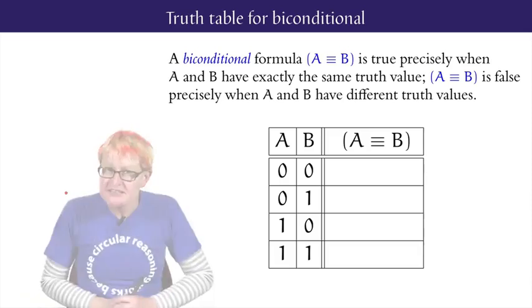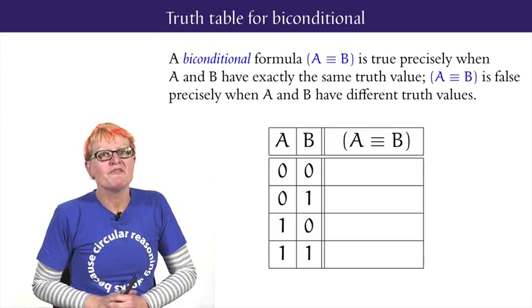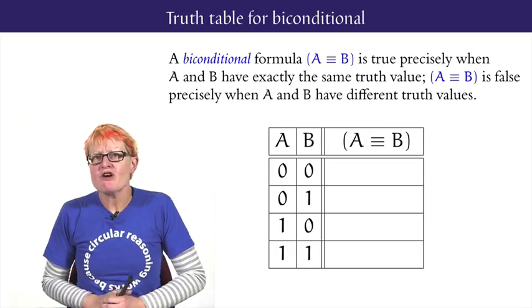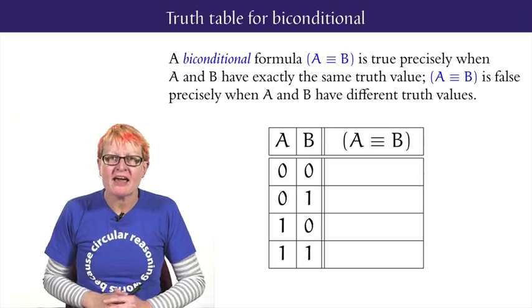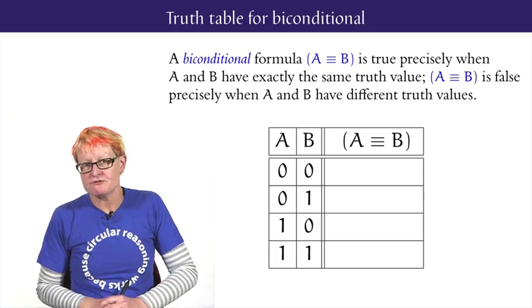The biconditional is the bidirectional version of the unidirectional material conditional. We read the tribar symbol as if and only if. Again, let A and B be arbitrary propositional formulas.